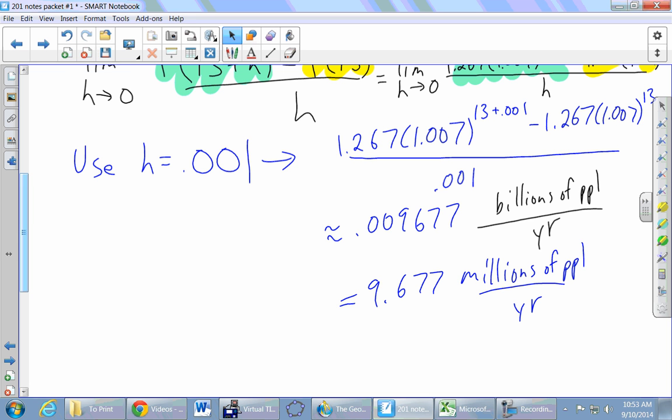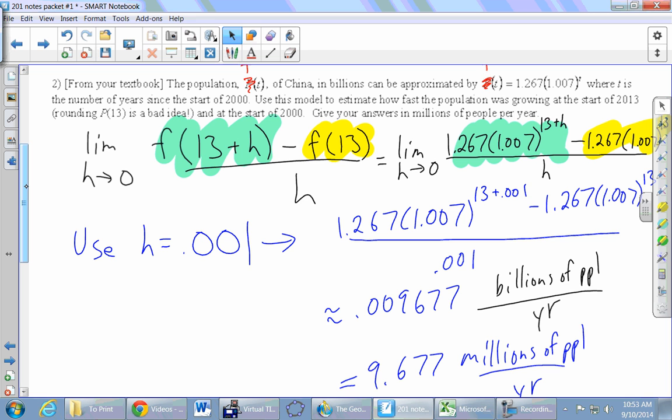Okay, so there's one follow-up, which we're not going to write very much down. I just want to get it done quickly. But there was this other part that said also give us the answer not just for 2013, but for the year 2000. How was the population growing back in 2000? And then we can have two numbers to compare. So I think everything is the same except what?